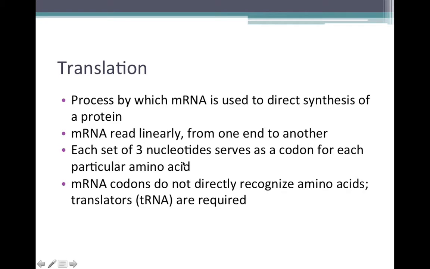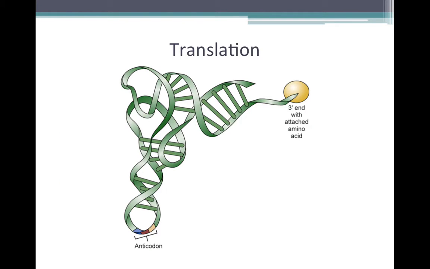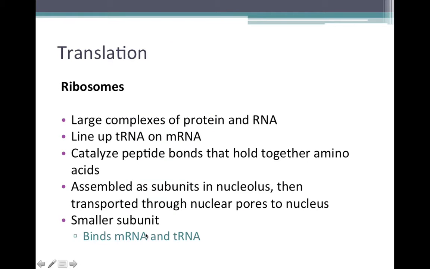So what that means is that since we have long sequences of 3 nucleotides on an entire length of messenger RNA, each of those 3 nucleotides is a codon, which directs the specific amino acid on transfer RNA to bind and form a protein. So what this looks like then is that our transfer RNA brings in a specific amino acid that has a specific anticodon which binds to the codon sequence of messenger RNA.